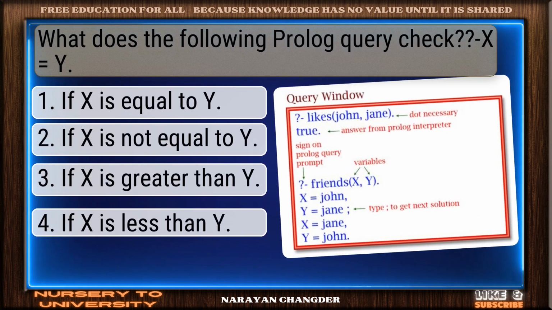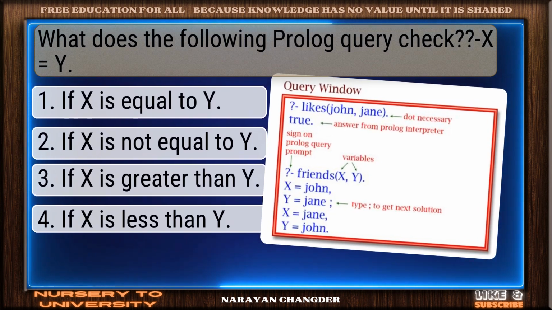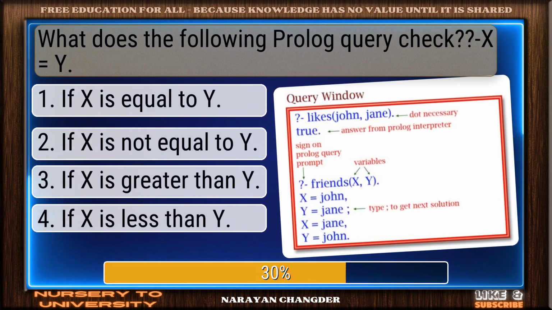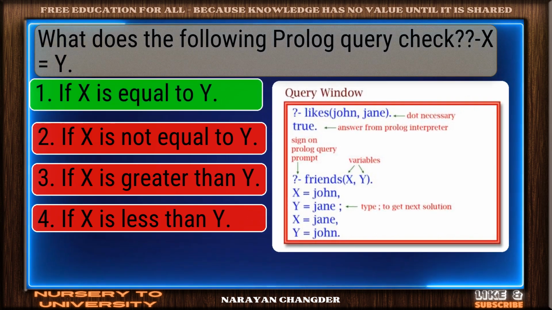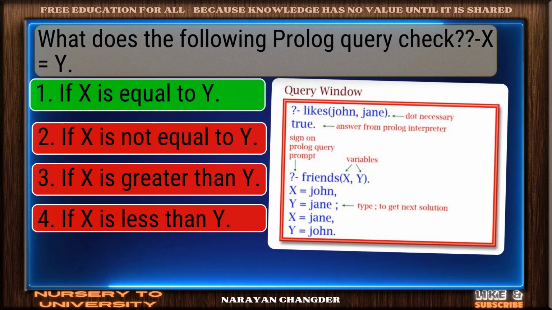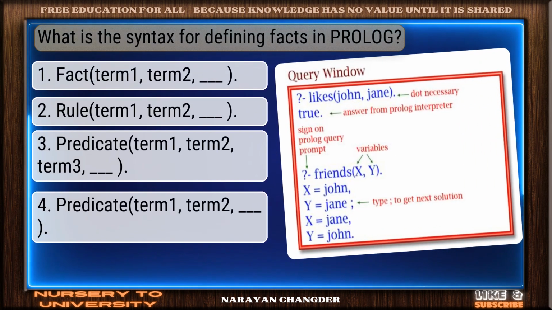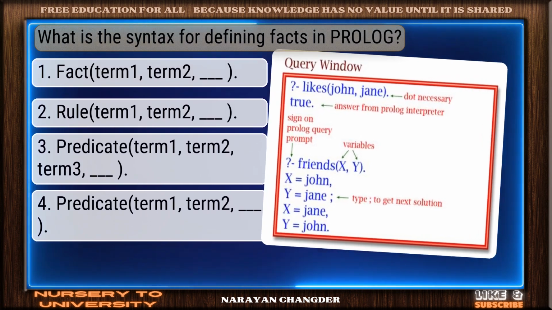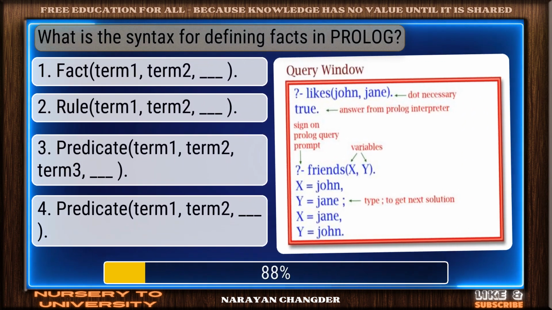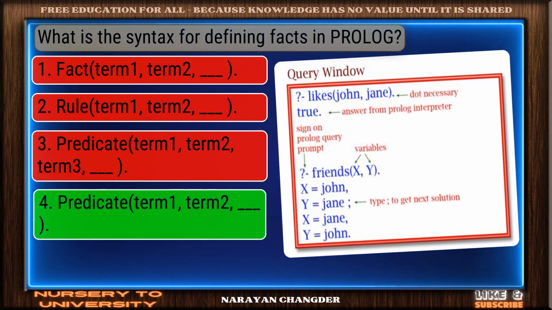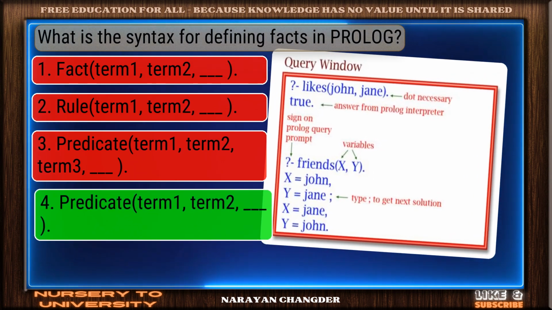Question number 23. What does the following Prolog query check? X equal to Y. You got it. Your choice, if X is equal to Y, is right. Question number 24. What is the syntax for defining facts in Prolog? Good job. Your answer, predicate, works well here.